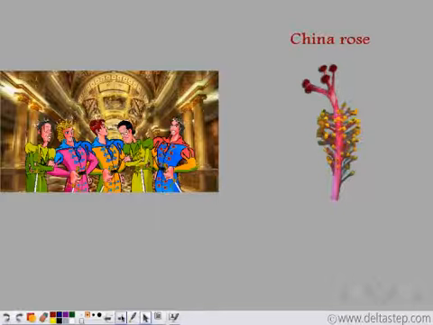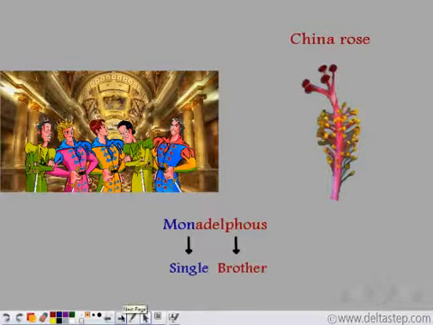Similarly, there are flowers in which the stamens come together to form a single unit. And such an arrangement is known as monadelphous, where mon means single and adelphous means brother.